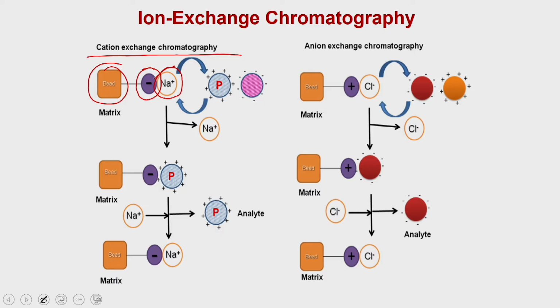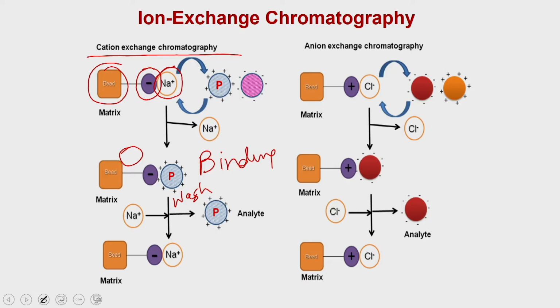So, in the first step, when you add the protein to the bead, it is going to bind. This is your binding step. Now, once the binding is over, you can wash, and when you wash, the proteins which bind to these beads because of non-specific interactions are removed.